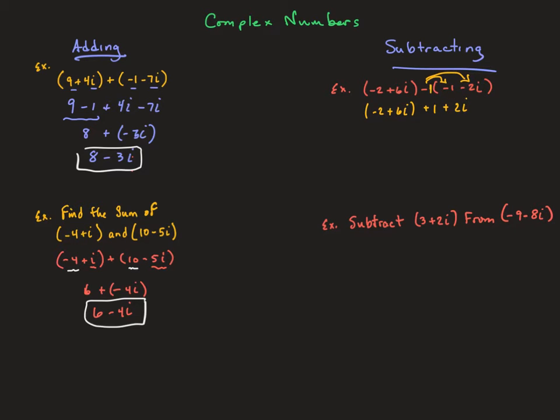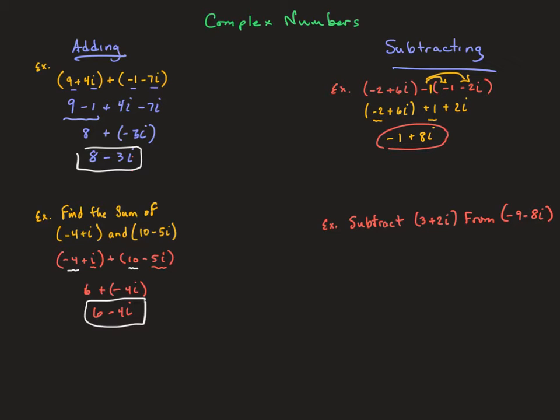So now we no longer have to distribute, because that multiplication process is done. Now we can combine like terms. Negative 2 plus 1 gives me a negative 1, and 6i plus 2i gives me 8i. So there you go, we are able to combine like terms after we do multiplication.